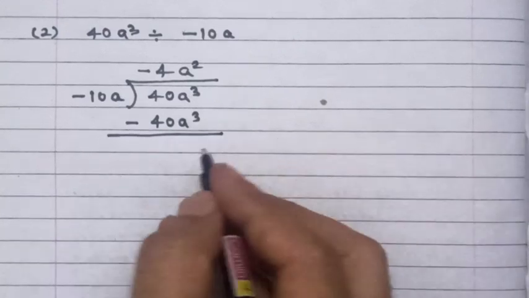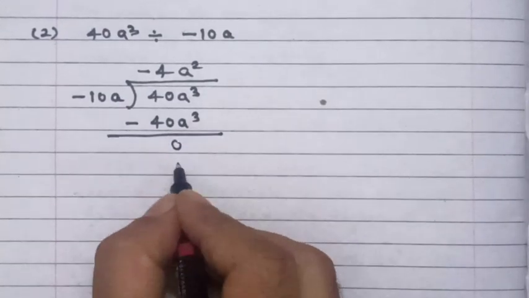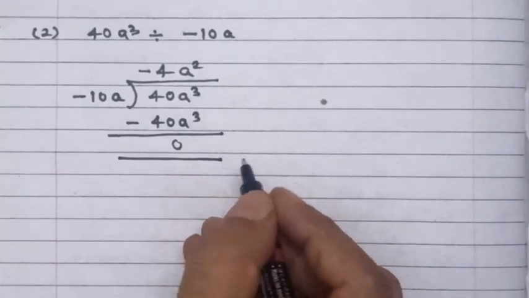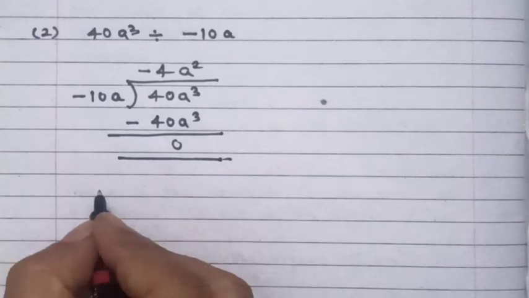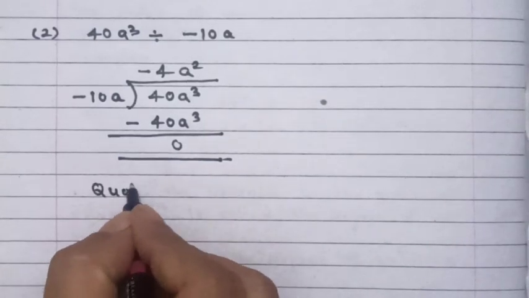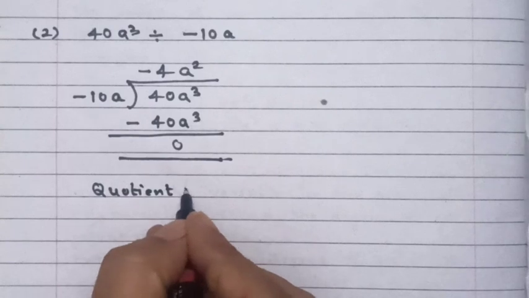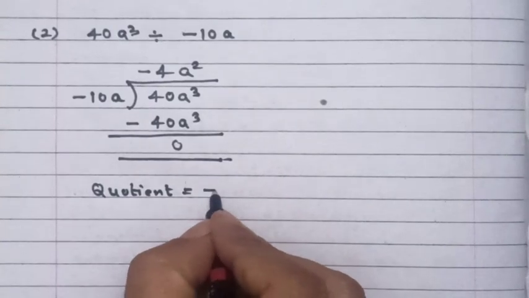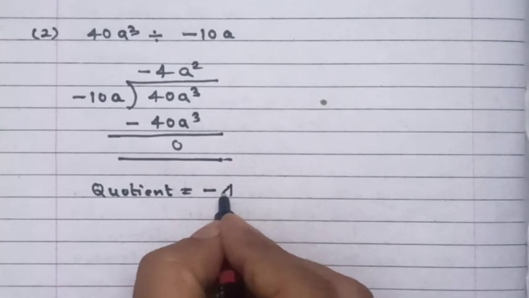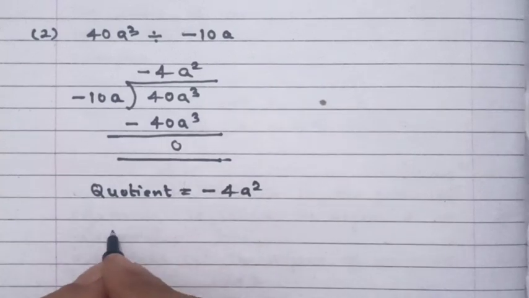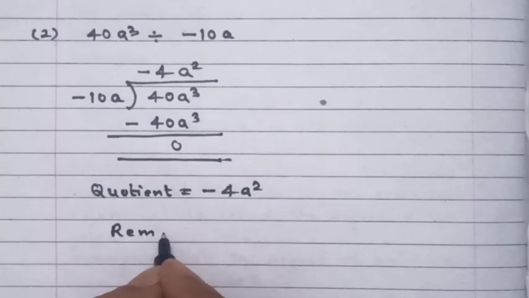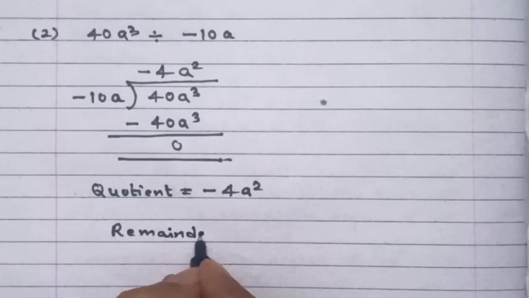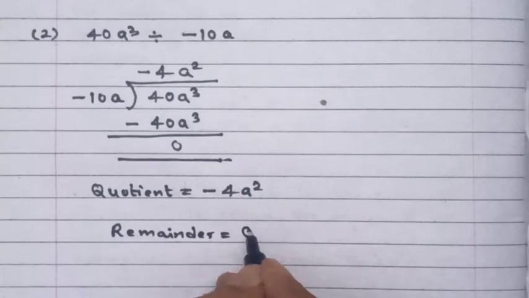Subtract. When you subtract, you will be getting 0. So your quotient will be equal to minus 4a square and remainder will be equal to 0.